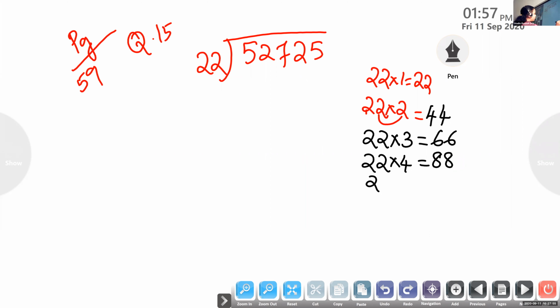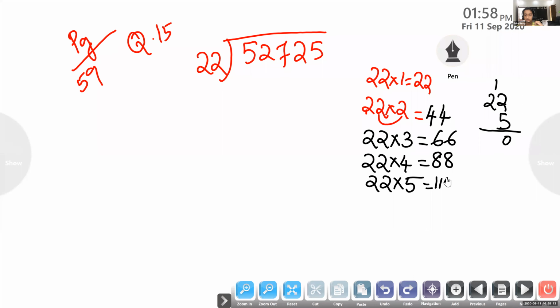Now 22 times 5. Here there will be a carryover, so you can multiply like this. 5 2s are 10. What's the answer? 5 into 2, 10, plus 1, 110.